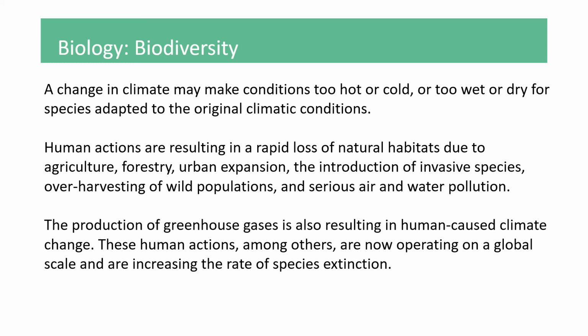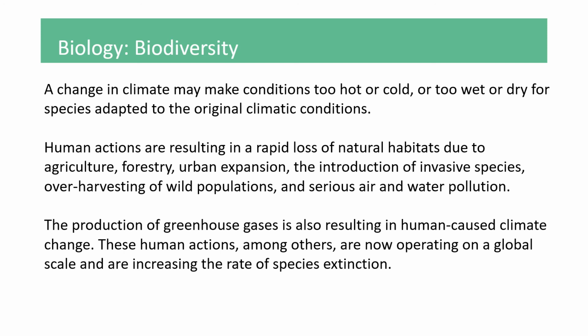Human actions are resulting in a rapid loss of natural habitats due to agriculture, forestry, urban expansion, the introduction of invasive species, overharvesting of wild populations, and serious air and water pollution.